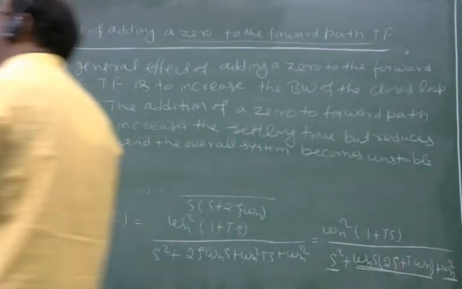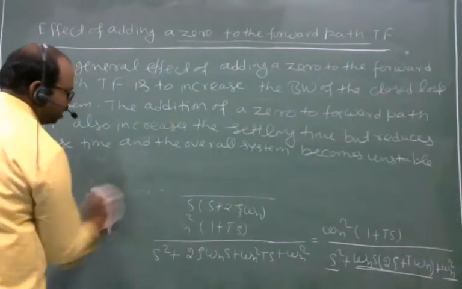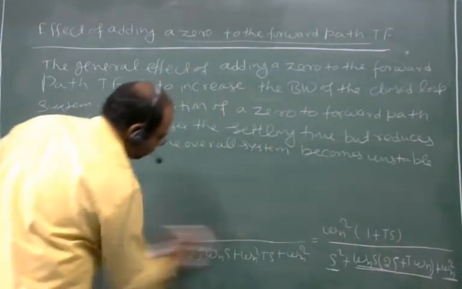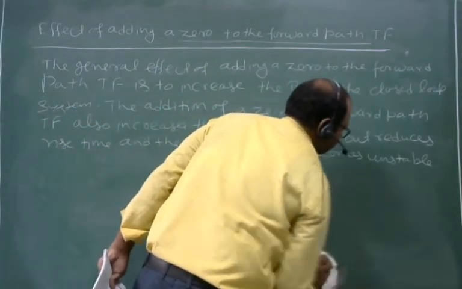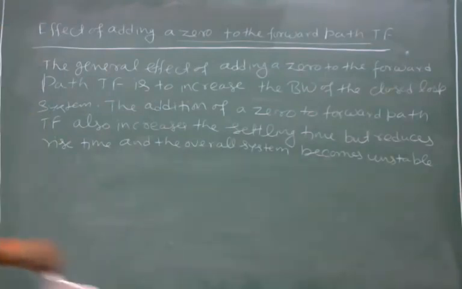It means as the bandwidth increases, the system stability goes down, which means the system becomes unstable.